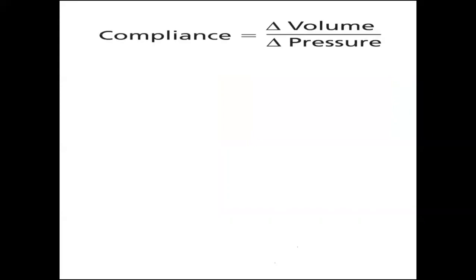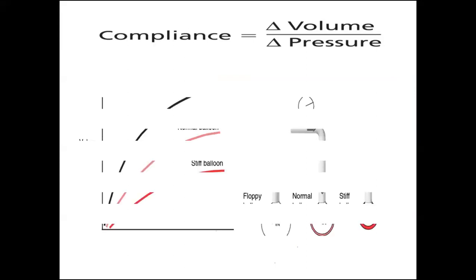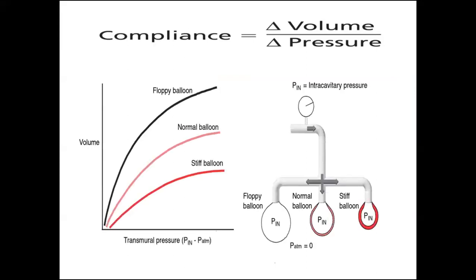Compliance is nothing but change in volume per change in pressure. So these are the curves that depict increased compliance or decreased compliance. So if you have decreased compliance, what is the main difference in the pressures needed to generate the same volume?